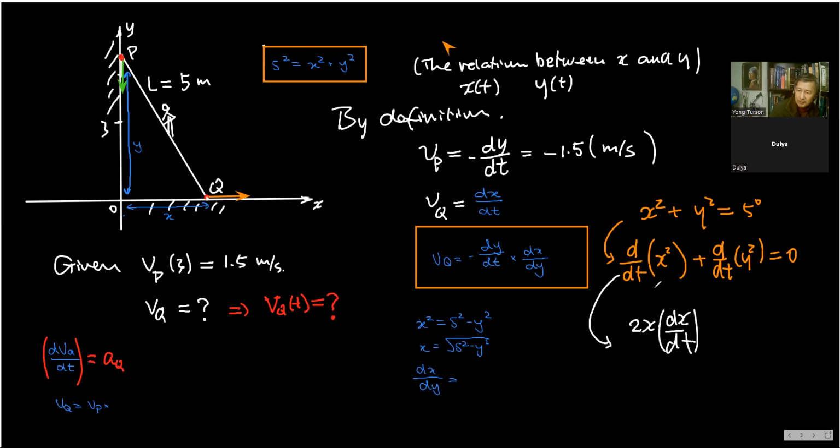Don't forget this factor because x is a function of time. Also, the second term is 2y dy dt, equal to 0. We need to find dx dt.